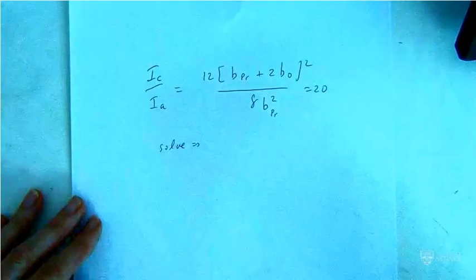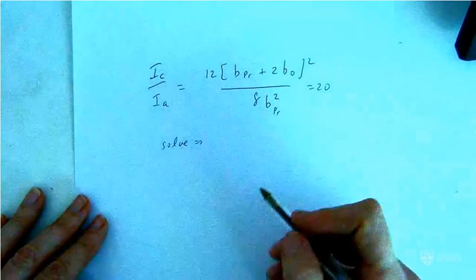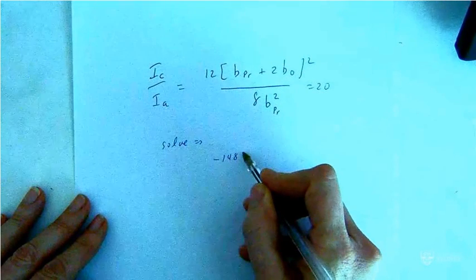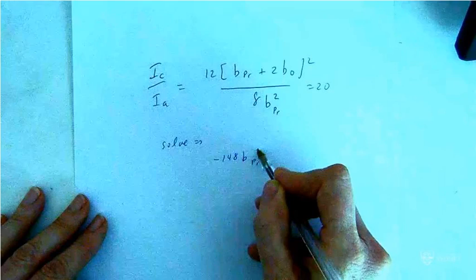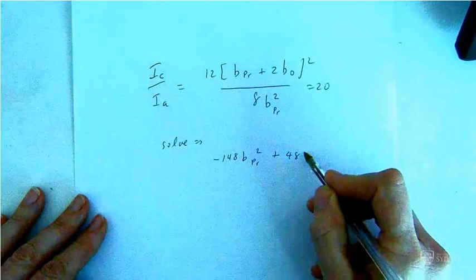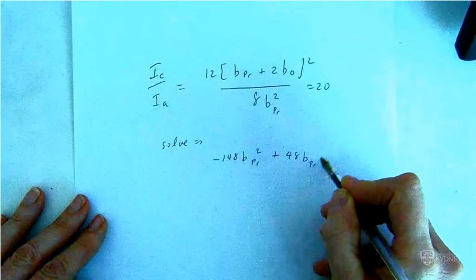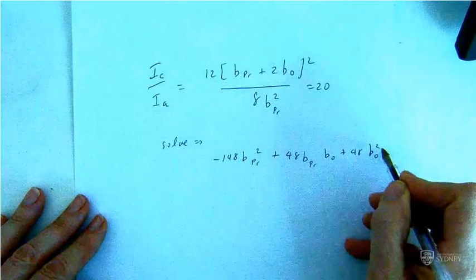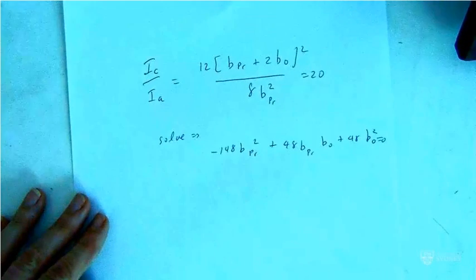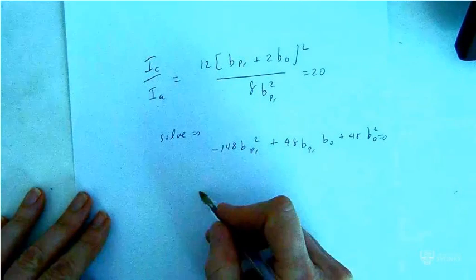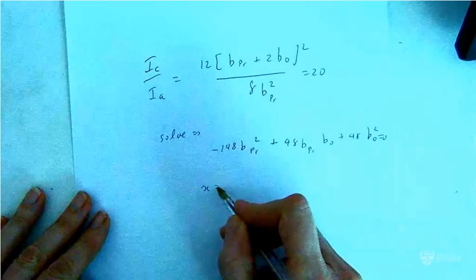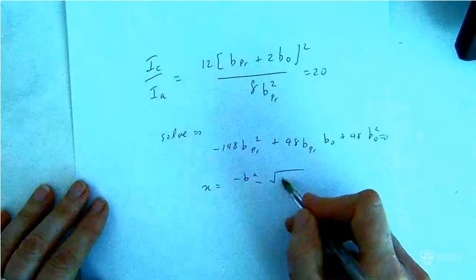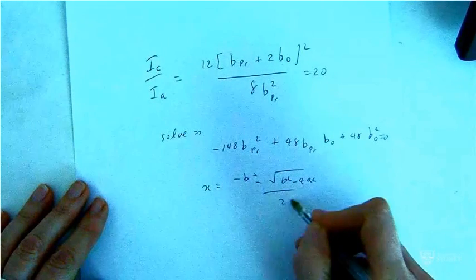You'll end up with some quadratic: minus 148 b_Pr squared plus 48 b_Pr b_O plus 48 b_O squared equals 0. And you can solve that using, if you remember, b squared minus 4ac for a quadratic.